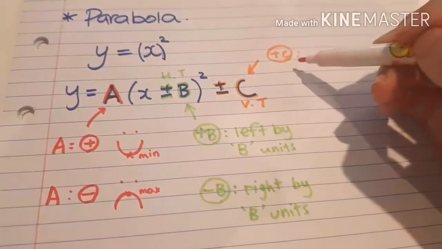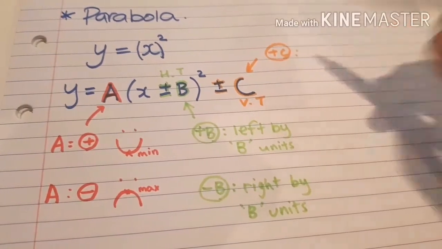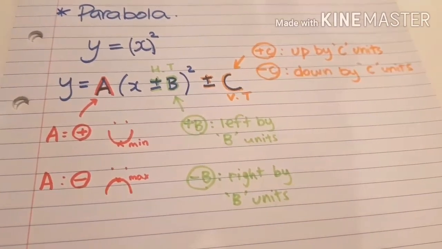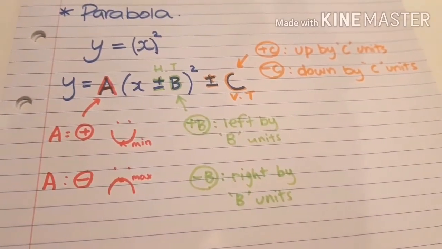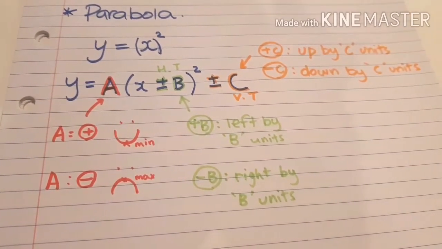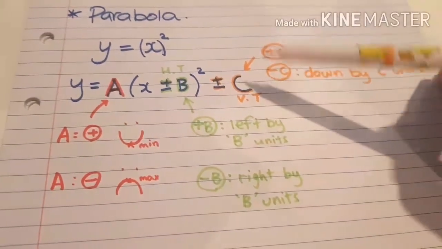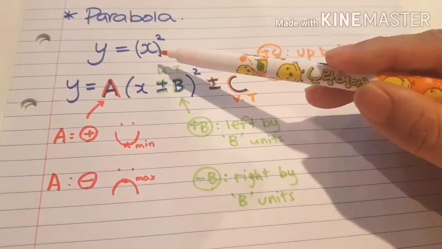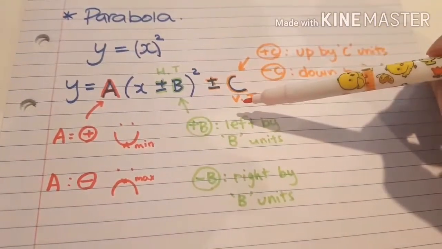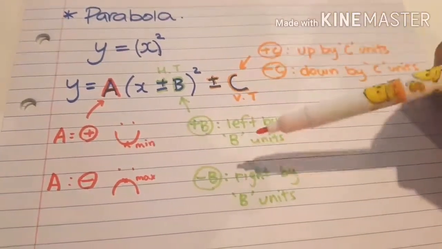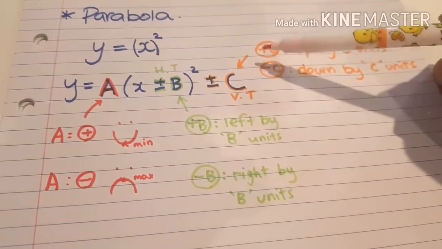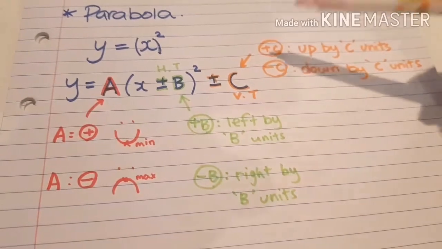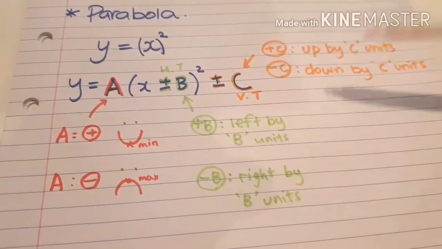If it's plus C, it's going up by C units, and if it's negative C, then it's going down by C units. Comparing with the original graph, the original graph will translate up or down by the C value, depending on the sign in front of C. If it's plus, up; negative, down.